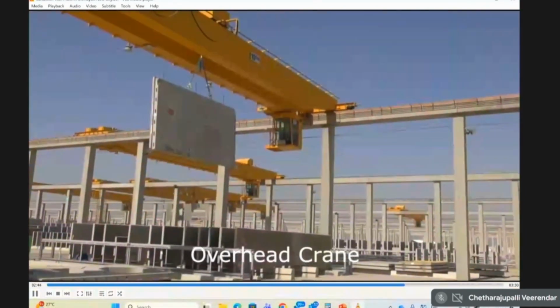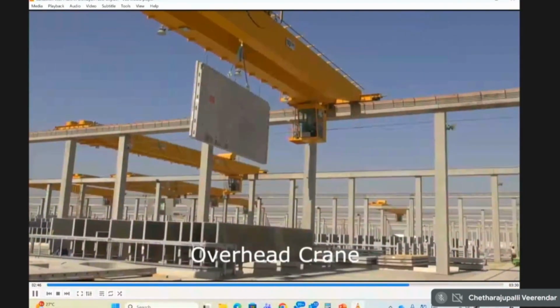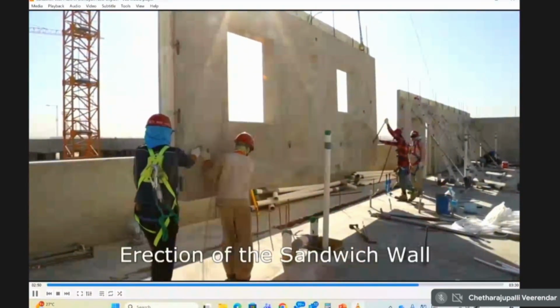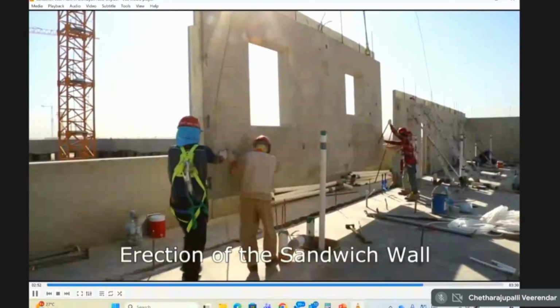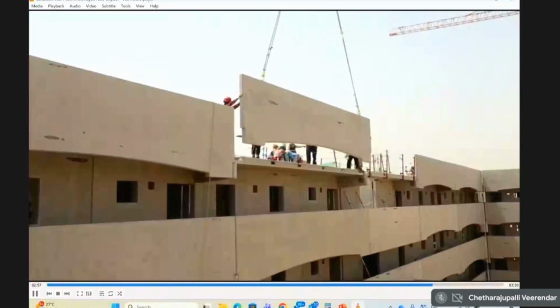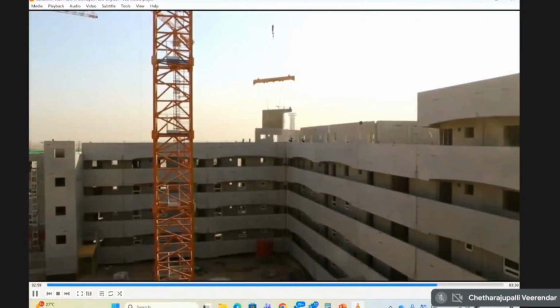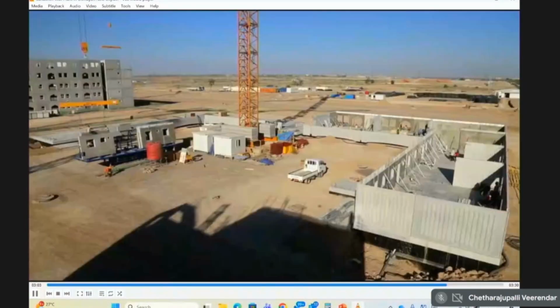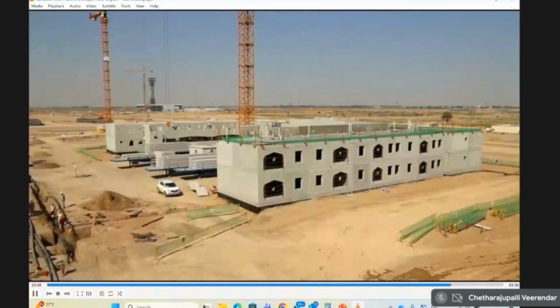So this is industrialized construction, my friends, in its real sense. This is manufacturing. So all the principles of manufacturing are applied here: quality control, sequencing, production planning, and site erection planning.